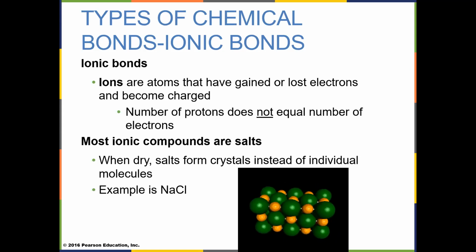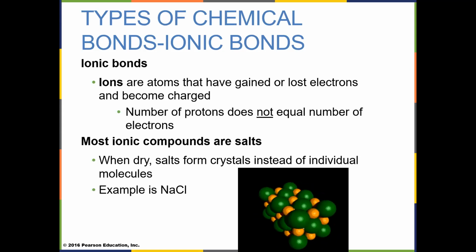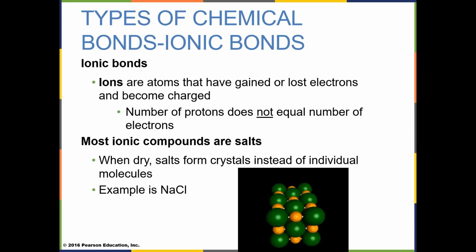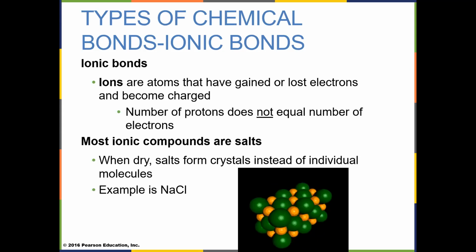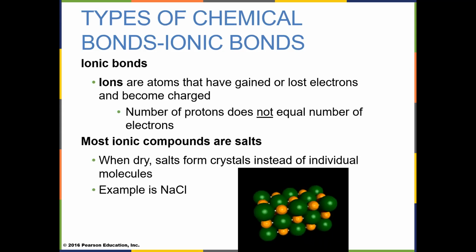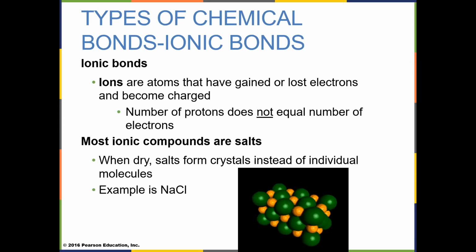Now, the individual atoms don't look like crystalline salt, like salt crystals. They look totally different. They look like atoms. But there is a chemical change that occurs when they come together. They form these crystals.